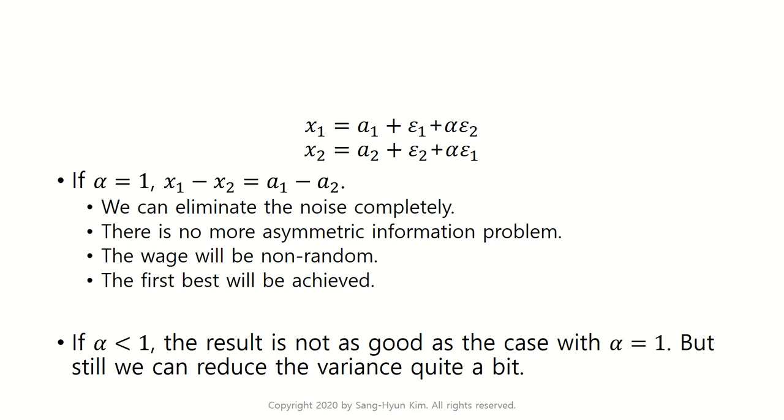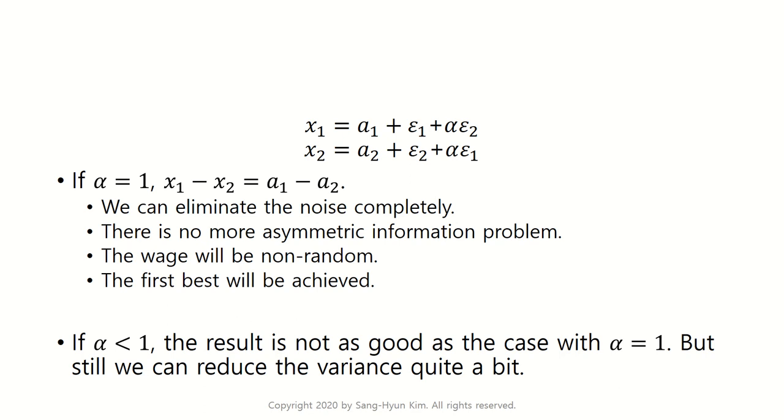So let's imagine you are worker 1, and you know that in equilibrium, worker 2 will play the equilibrium. You know that worker 2 will exert exactly 1 over C. You also know that the principal knows that A2 is 1 over C, and you are thinking about deviation.